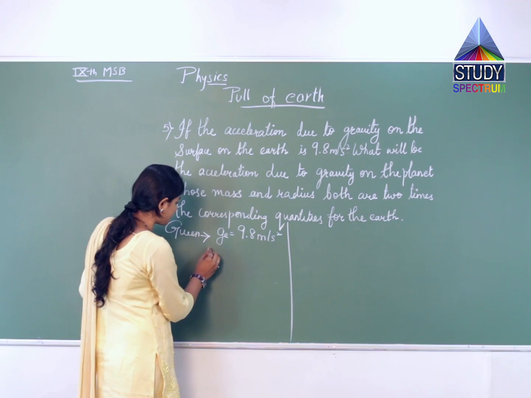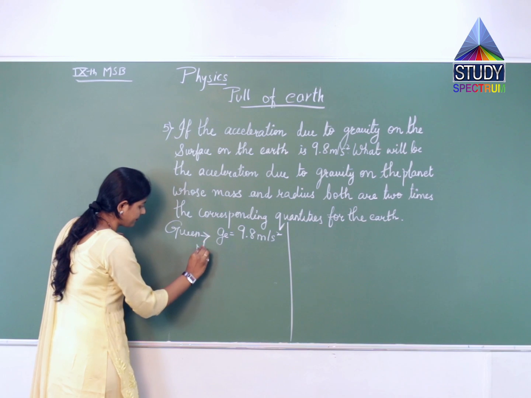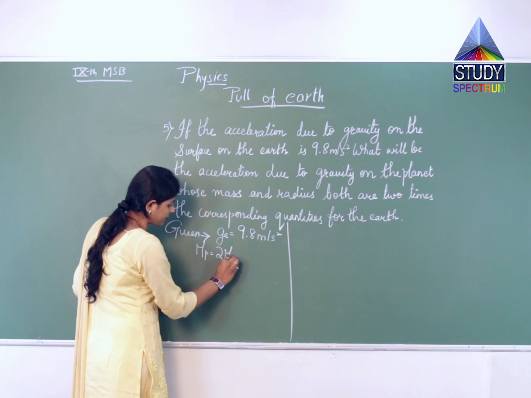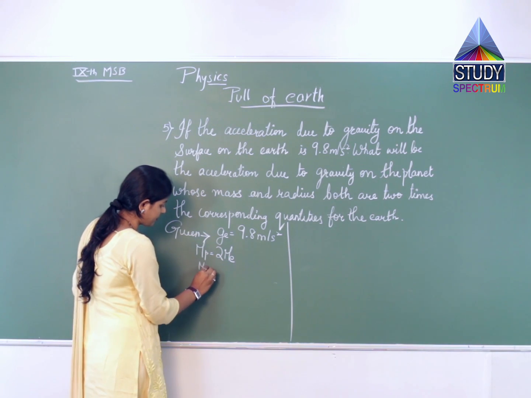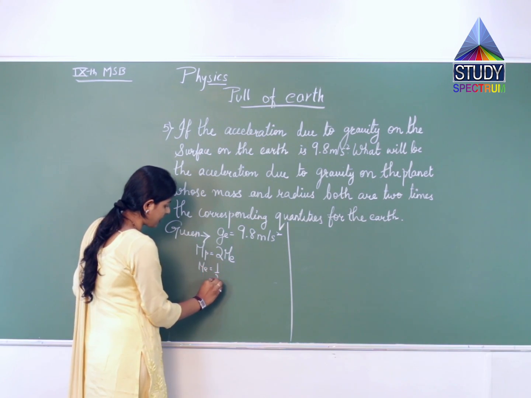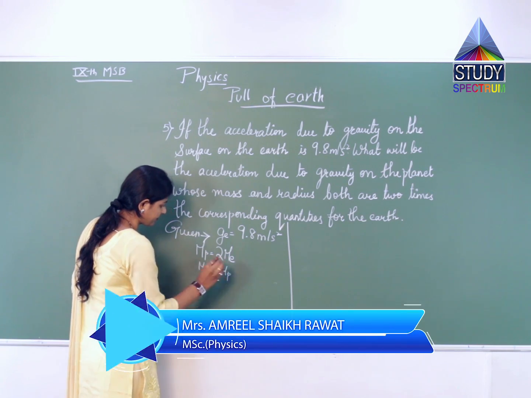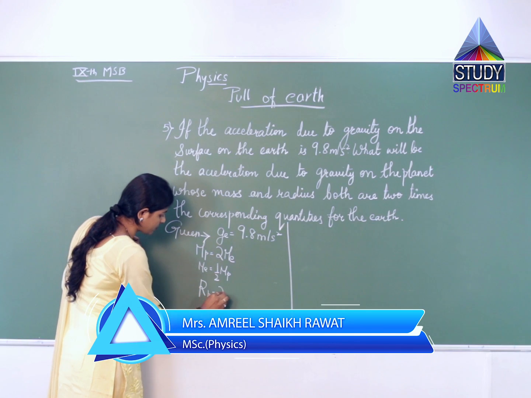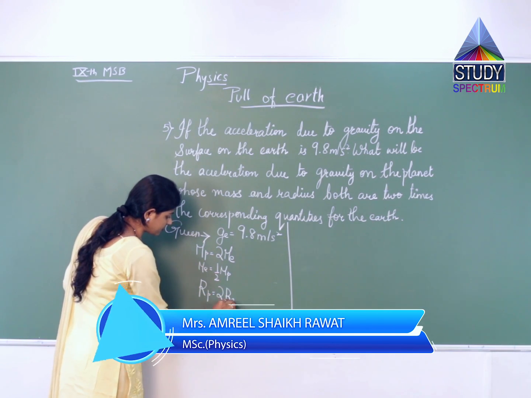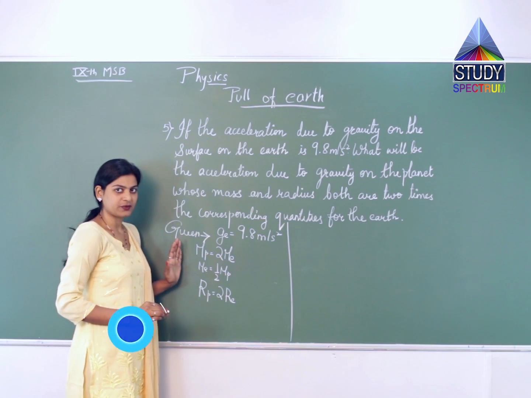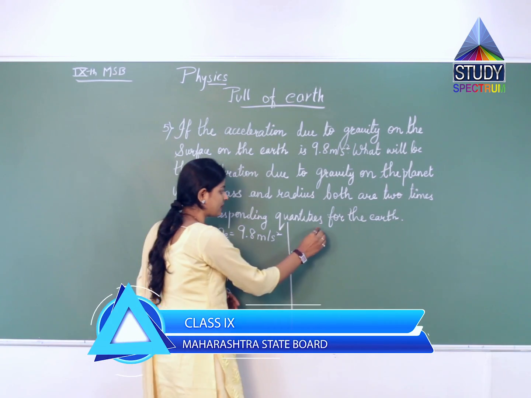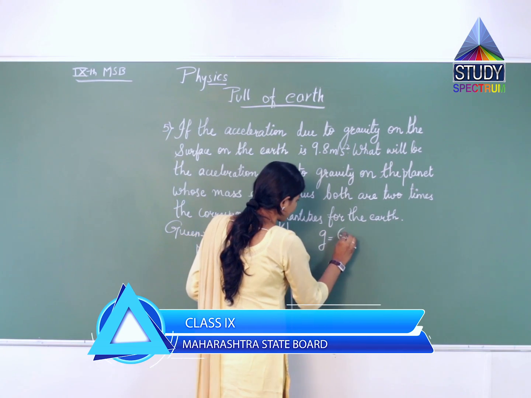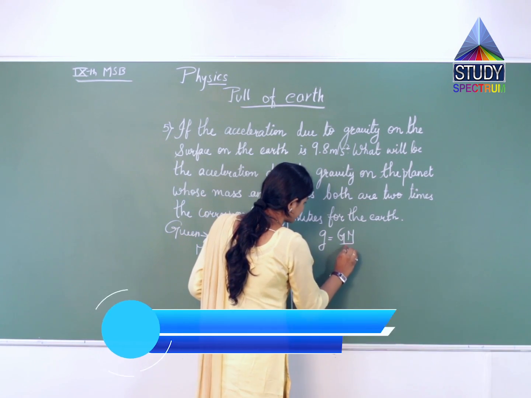So we can write the mass, that is m_p of other planet, is 2 times the mass of earth. So m_e is equal to half of m_p. Similarly, the radius of other planet is 2 times the radius of earth. Now substituting the same values in the formula for gravitational force, we can write g is equal to G m upon r square.